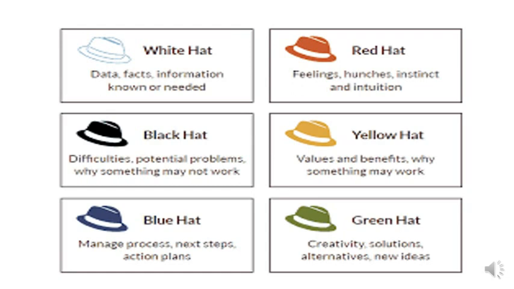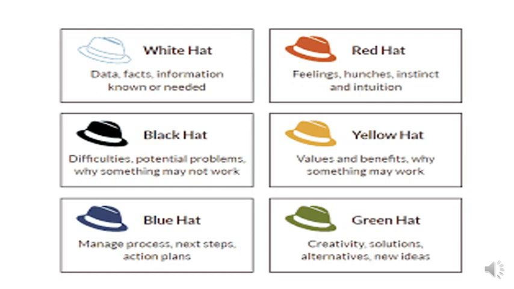If we are optimistic, feeling good, or talking about the benefits, we are using the yellow hat. If we are not optimistic, we are tackling the difficulties, the potential problems, and what will go wrong in this challenge, we are using the black hat. So the black hat is the opposite of the yellow hat.